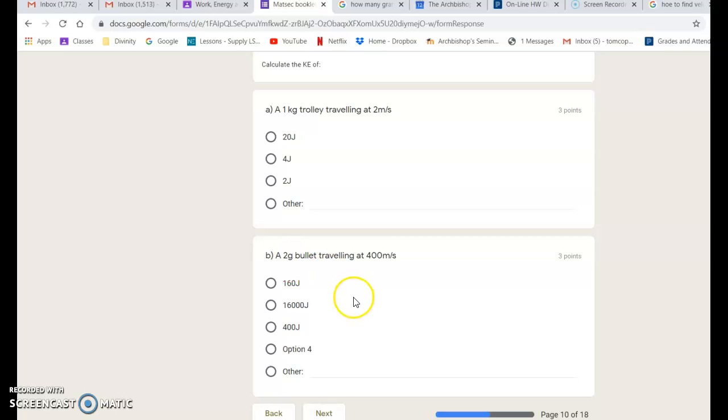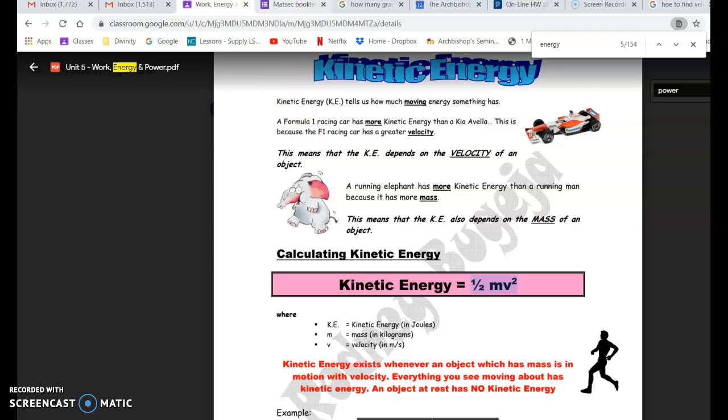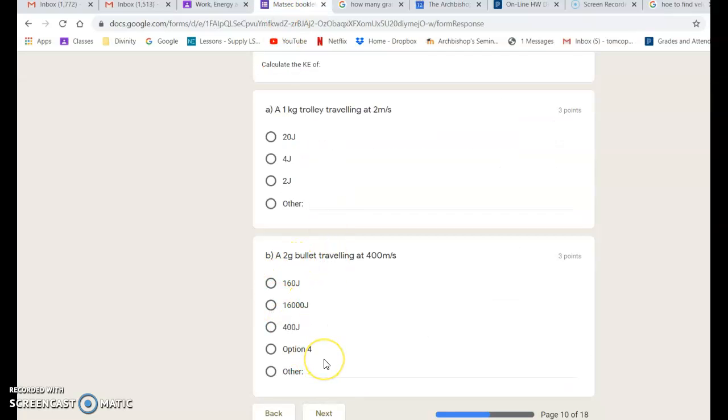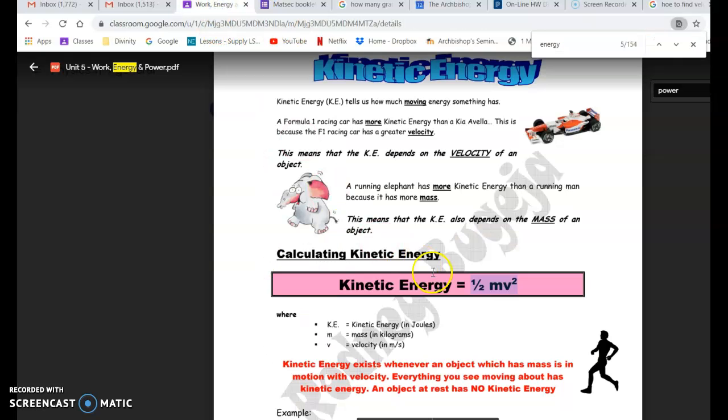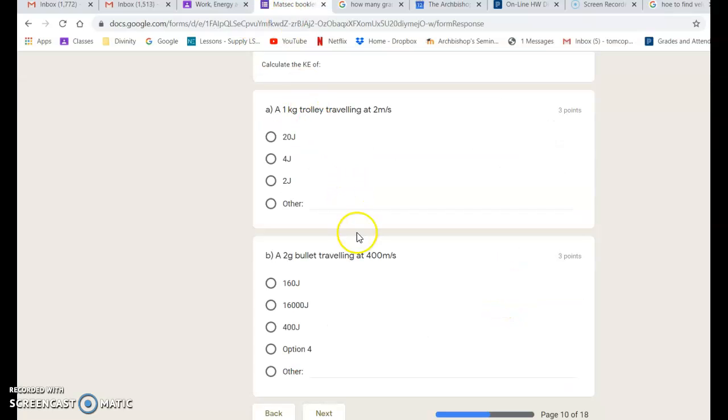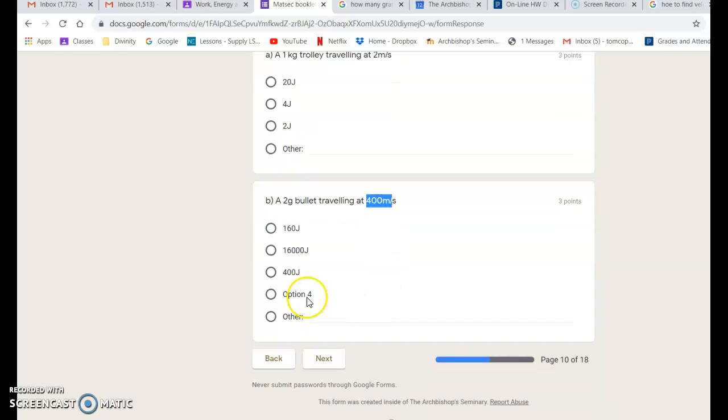So divide 2 by 1000, you use this formula and you have to find the answer for B. You can do it, yeah? You can work it out. All you have to do is half times mass times velocity squared. You have the mass, you have to change it to kilograms, division by 1000, and you have the velocity, which is 400, and you can work out these.